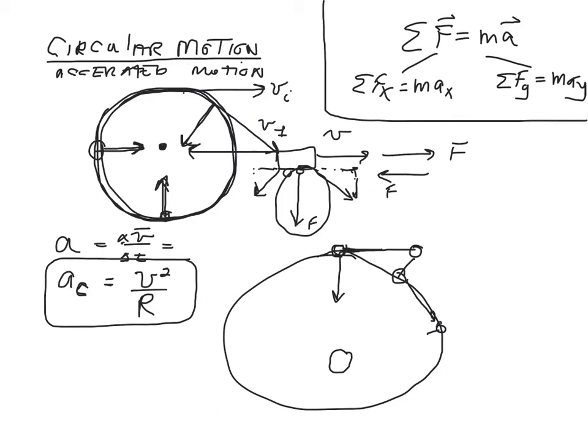Well, we find the normal force by using Newton's second law. And in some cases, the normal force will be equal to mg. But in some cases, the normal force is equal to mg cosine theta. And there are a whole variety of situations.